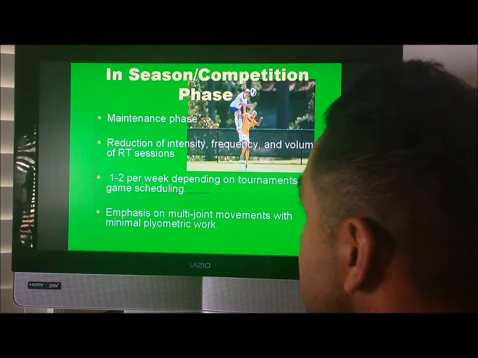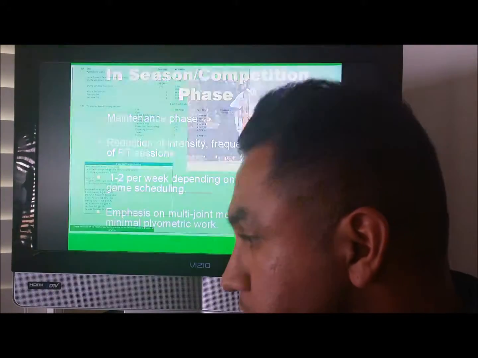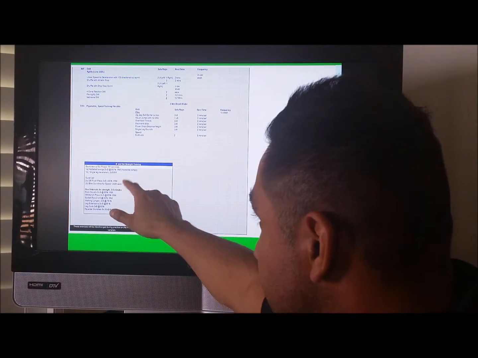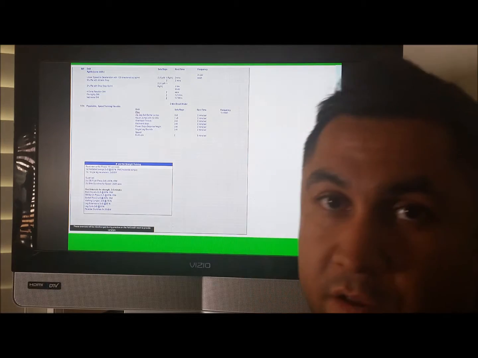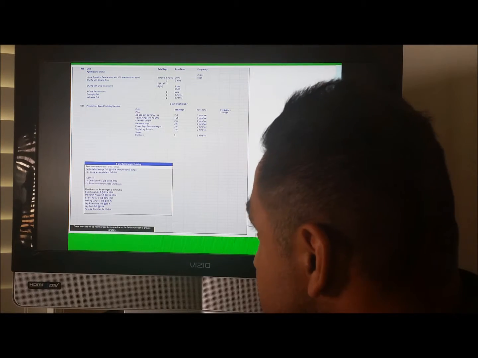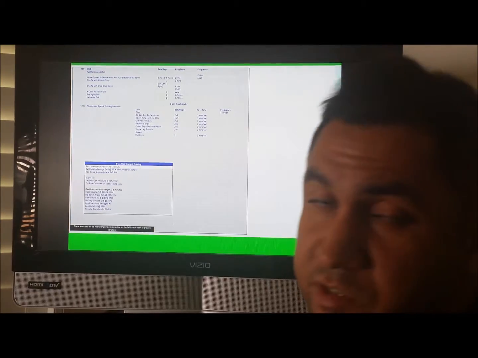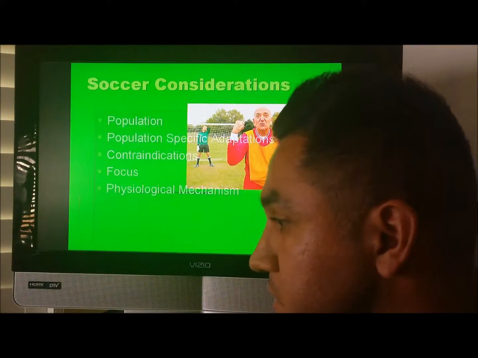So here's our in-season competition. So hopefully that's us, bigger, stronger, more confident. And then we're going to modify it, obviously reducing the volume, reducing the intensity of the workouts and the loads, and obviously 1 to 2 days a week to maintain what we have gained and earned.